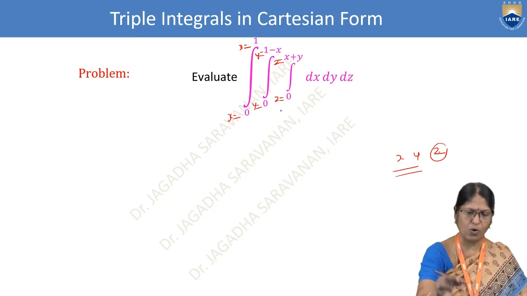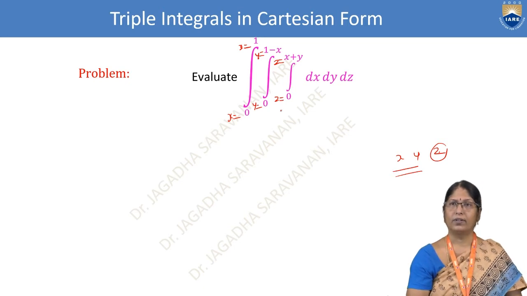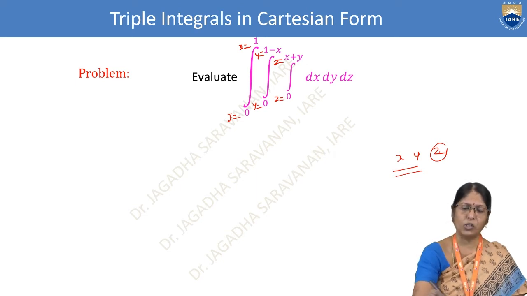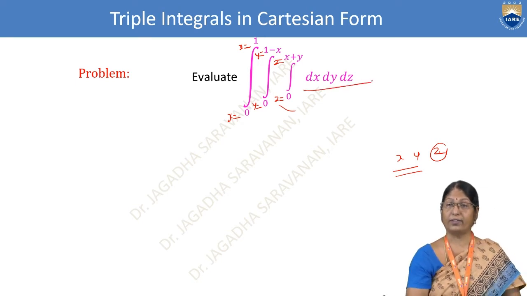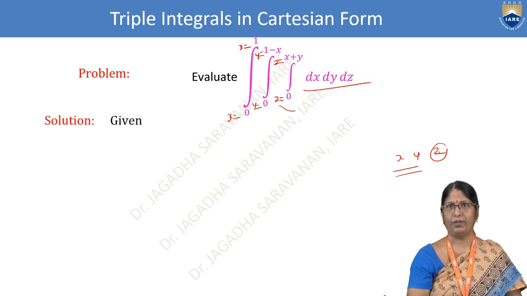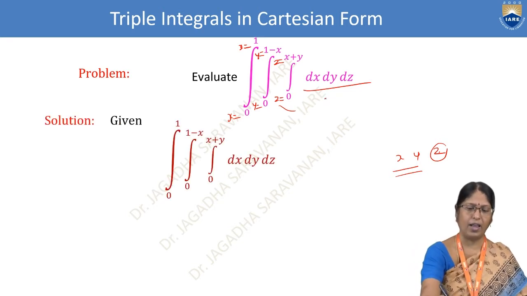So innermost, here the dependent is z. So we have to do the integration with respect to z only first. But in the question it is given x is first. We have to modify the question. First we are writing as it is.